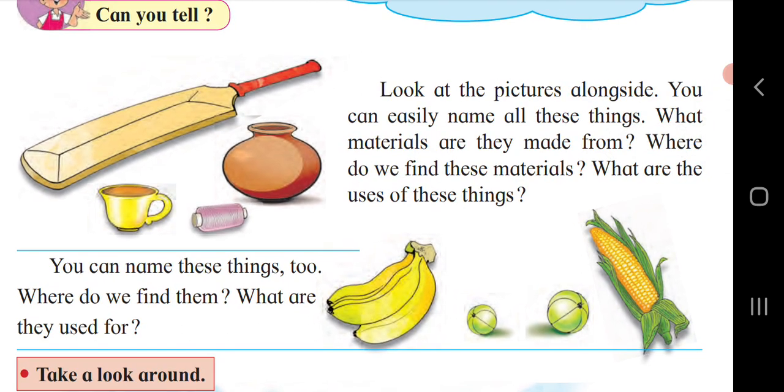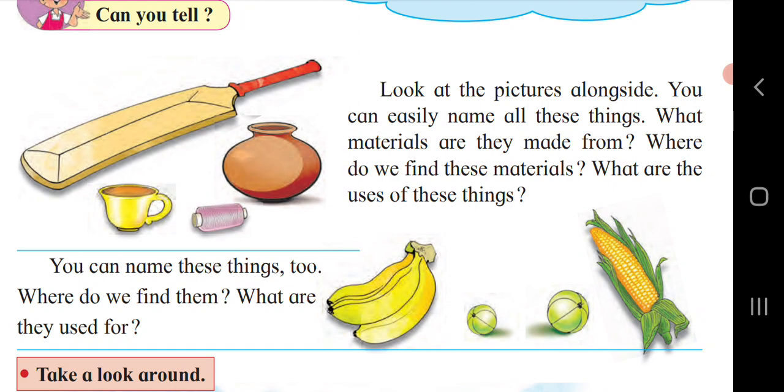The another material they had shown here, that is cup. Cup is made up of clay. And clay we get from nature. And we make use of this cup for drinking tea or milk. Bat, we make use of bat for playing cricket.